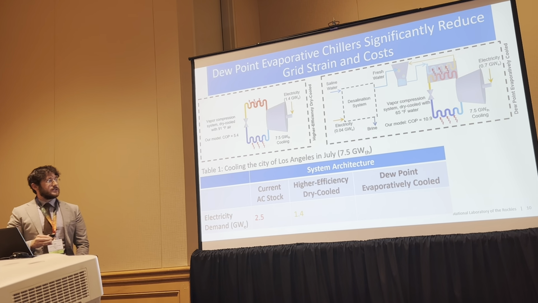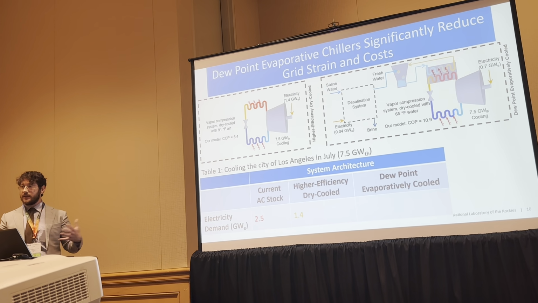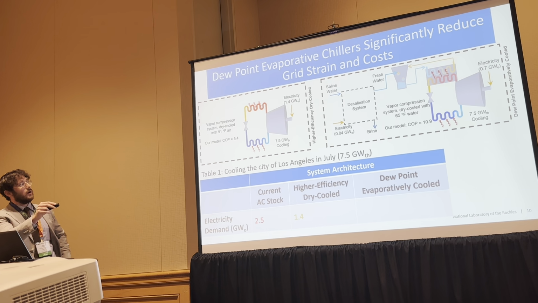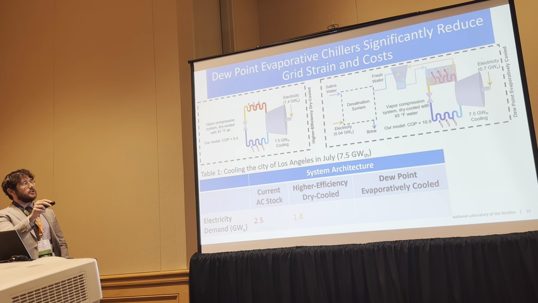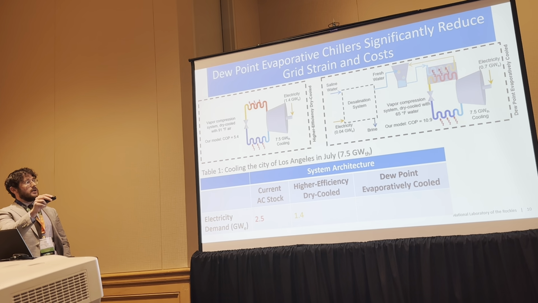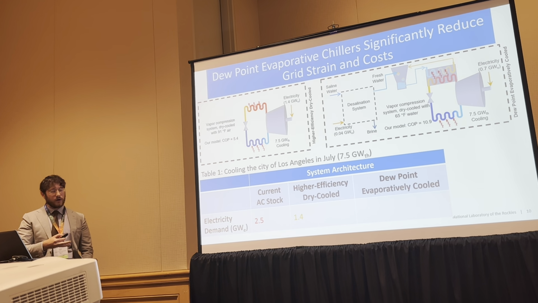But now let's look at this case where we're using desalination to produce water to then use in evaporative cooling. So we've got our desalination system. We would only need 0.04 gigawatts of electricity to provide enough fresh water to then reject all of our condenser heat to that evaporatively cooled water.